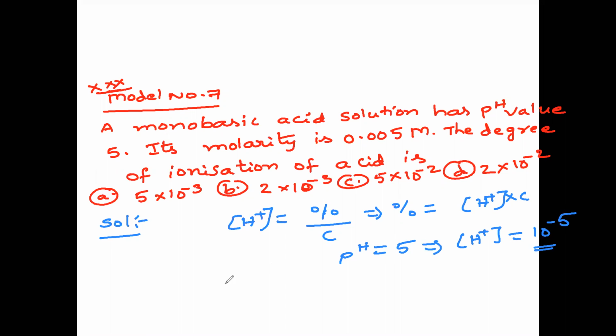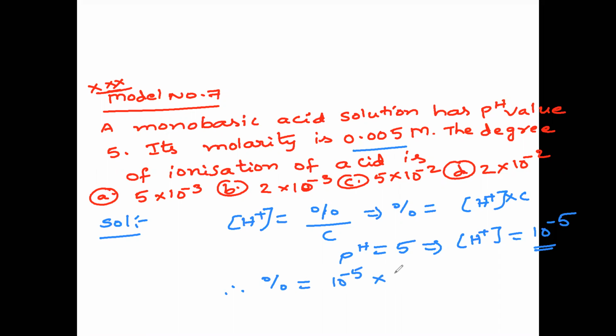Therefore, alpha is equal to 10 to the power of minus 5 into 0.005.